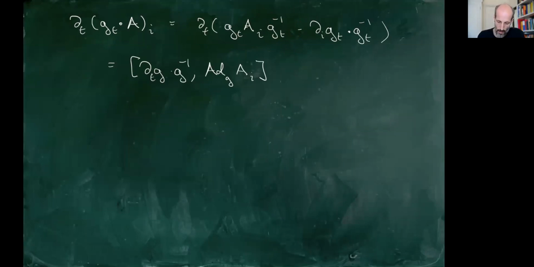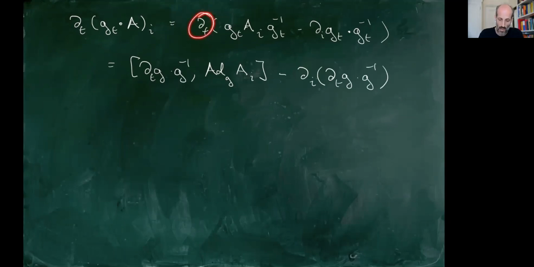And then the second term, I get the t derivative of this term. And it turns out, if you think about it, you can essentially swap the t and the x derivative. So what I want to do is write it as an x derivative of ∂_t g times g inverse. And of course, that's not exactly the same. The first term is the same, right?